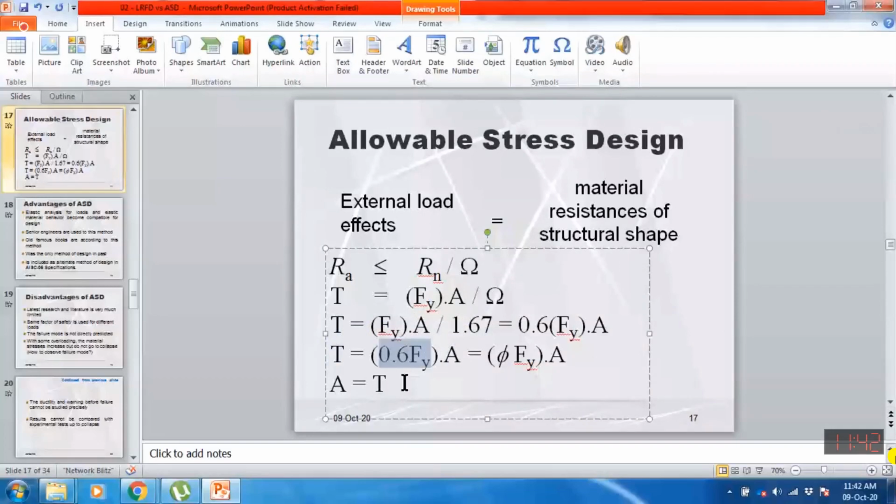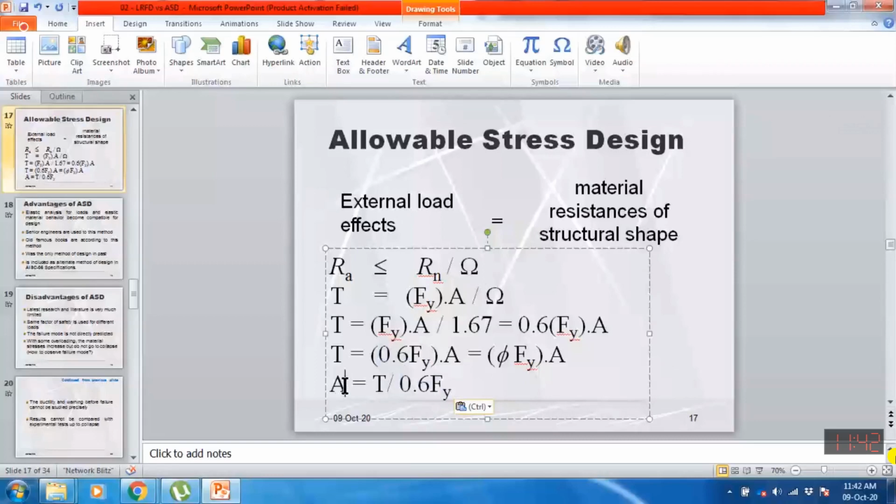From this equation, I am comparing the applied load effect with the material resistance, so I am modifying this equation. T is known, applied load is known, material strength is known, but I have put the limit of 0.6 on the material strength. If I consider a smaller strength of material, I will compute a larger area.